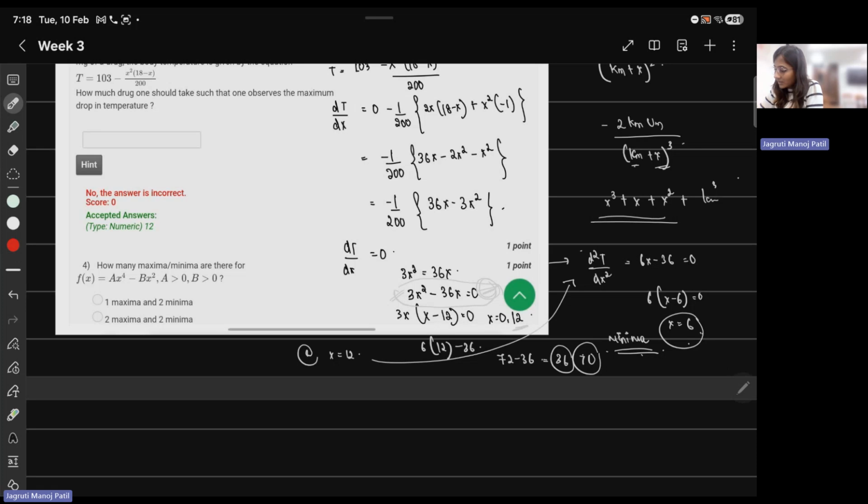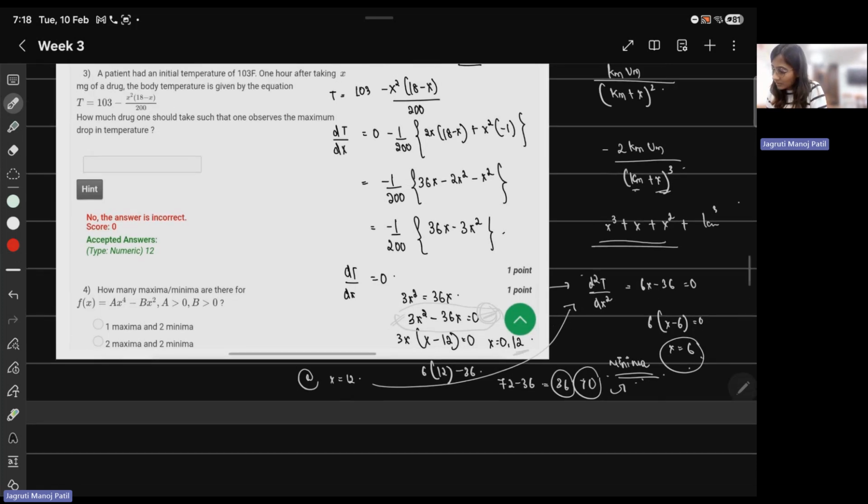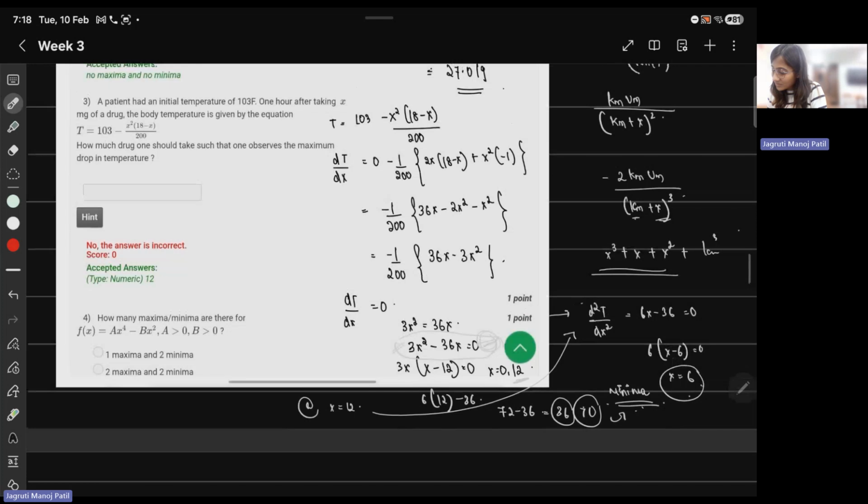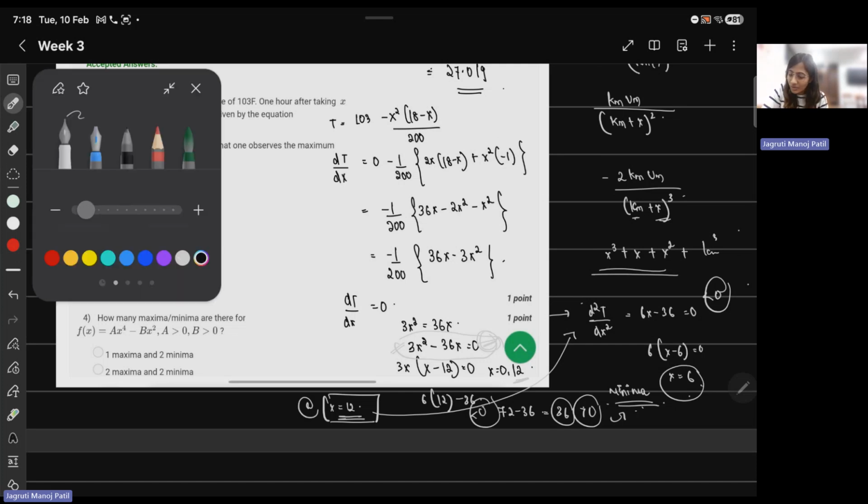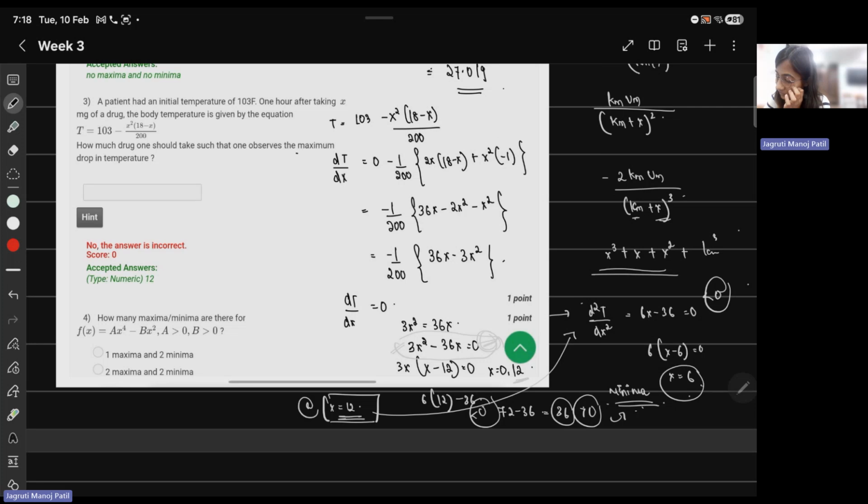That does mean that we have a minima, and that's cross-checked by this term. But probably they made some sign mistakes here. We'll have to cross-check the answer. The answer is still 12, because that's what you get after differentiating the function once. And this term should have been negative if they want us to calculate the maxima, that it observes a maximum drop in temperature.